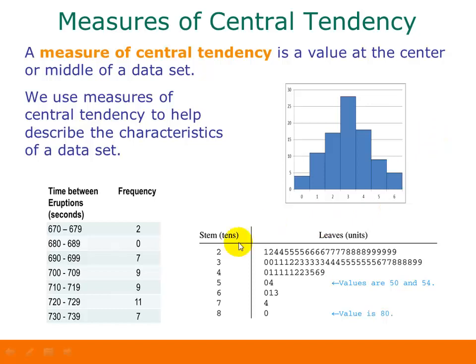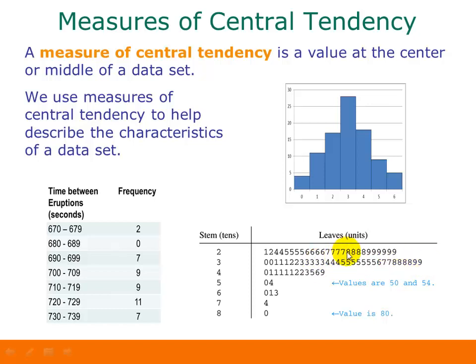Here's another example. If we're looking at a stem and leaf plot, again, a stem and leaf plot gives us the same picture as a histogram, it's just turned on its side. Looking at this one, again, we can see that the class here with the highest frequency goes from 30 up to 39.